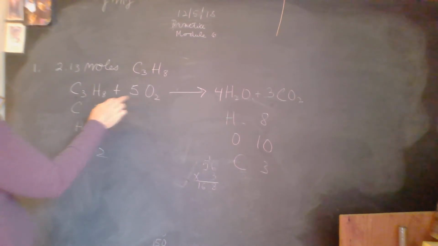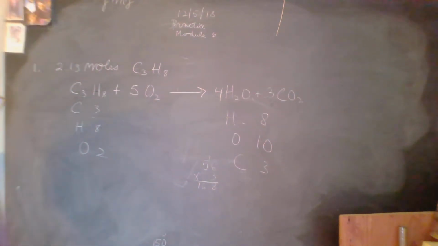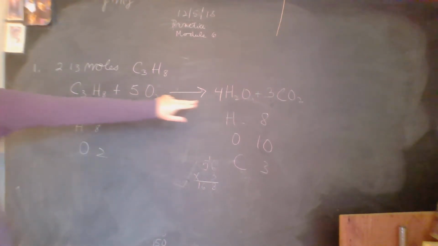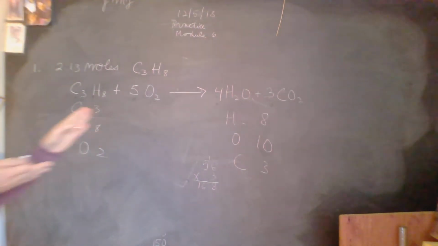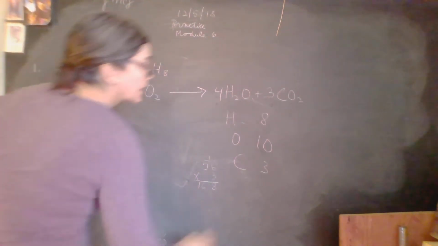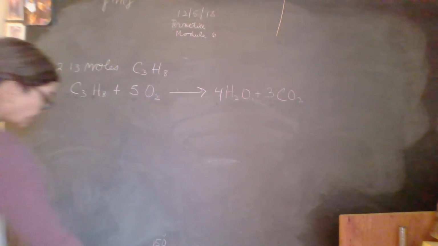Okay, C3H8 plus 5 O2 will yield 4 H2O and 3 CO2. Let's just confirm: 3, 3, 8, 8, 10, 4 plus 6 is 10. Good. Okay, so that's my balanced chemical equation. Now what? Now we do that mole thing.